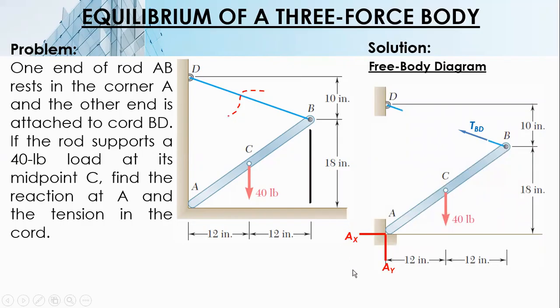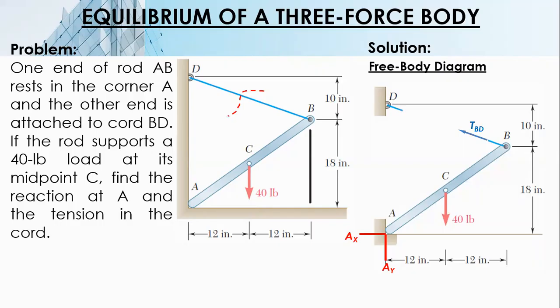Instead, we get the resultant of this reaction, RA, so that we'll only have three forces. Now, the advantage of three-force body analysis is that two forces have a known line of action. Like TBD, we know its line of action, and the weight is vertical.